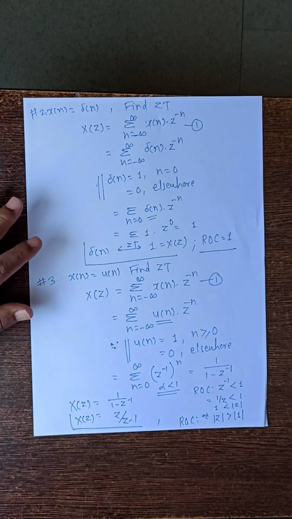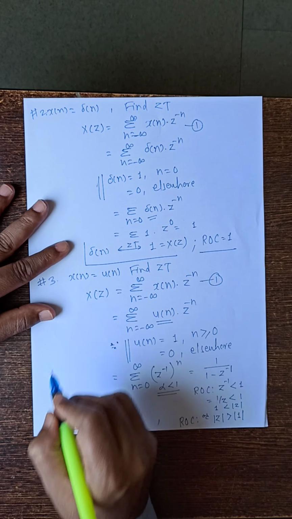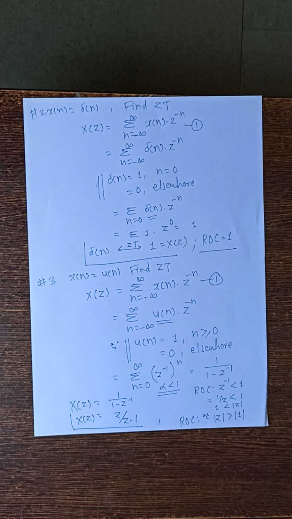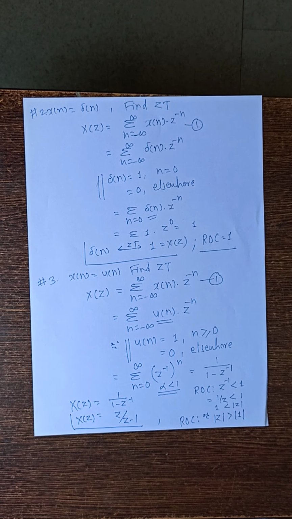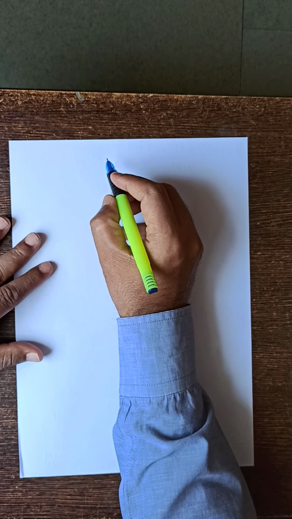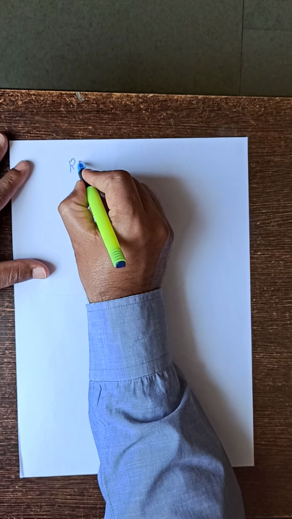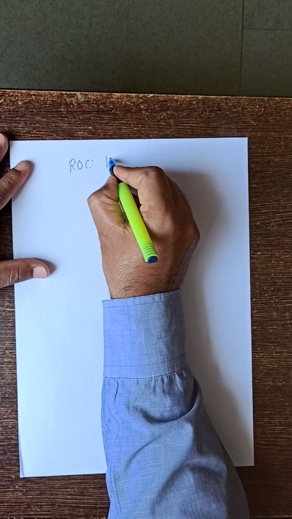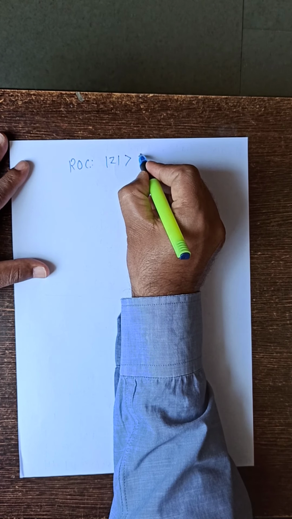So here we can draw the circle showing the ROC. So just see here. ROC is magnitude of z greater than 1.